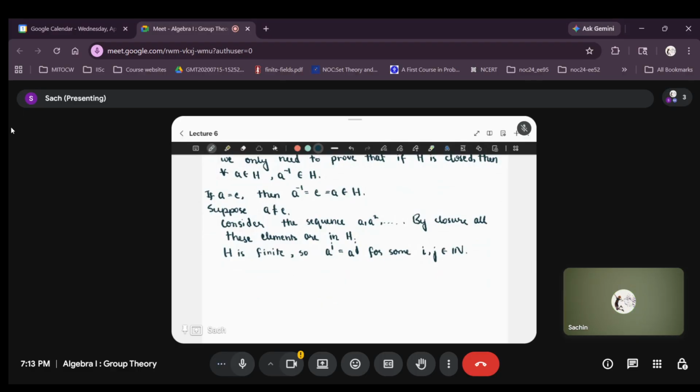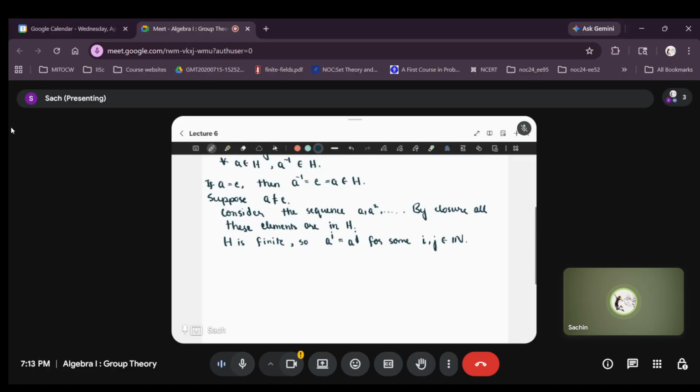So since A is in H, A square, A cube, A power 4, all the powers of A are also in H. But if they are distinct, that will mean that there are infinite elements in H. So they can't all be distinct. So at least two of them should be the same.